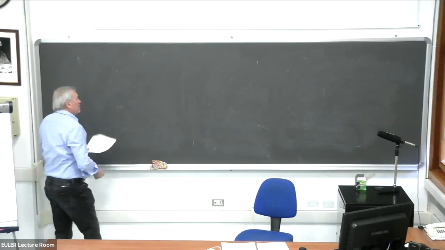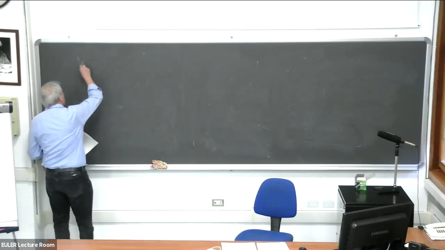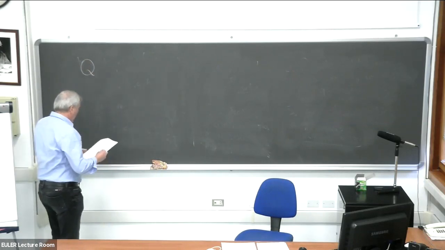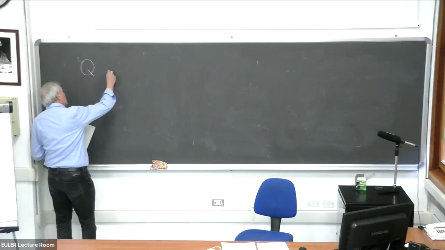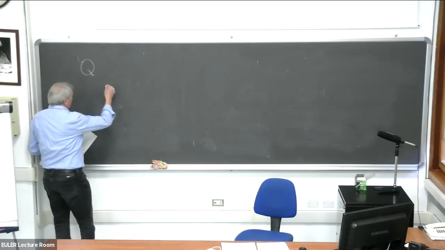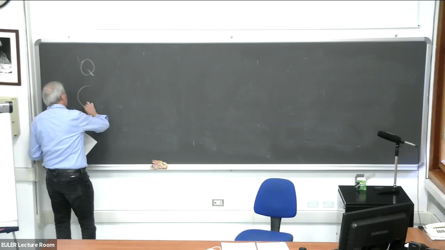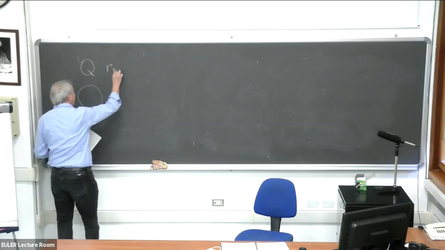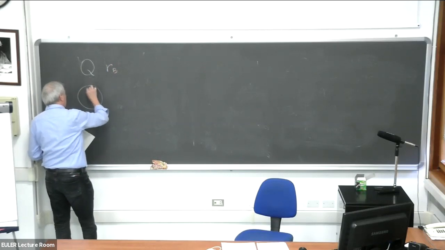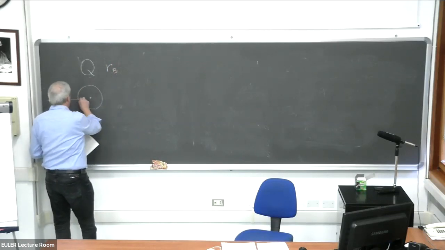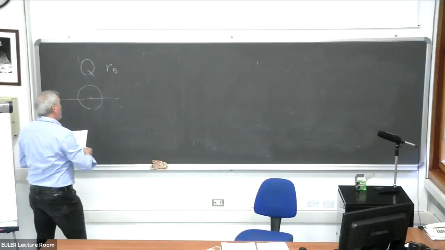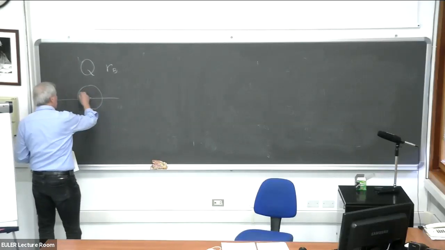So let us consider some object with electric charge Q, which is distributed somehow in a volume, or sphere, better to say, for simplicity, of radius R_B. Suppose we have a probe particle which scatters on this object.